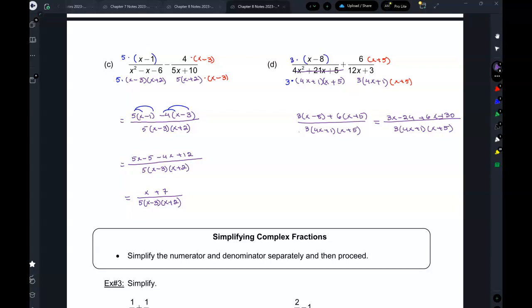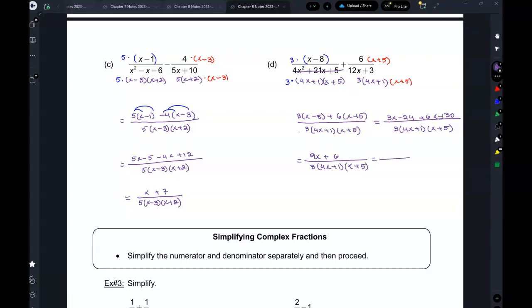Right, so this is 3x plus 6x, that's 9x, plus 6, that was good enough, over 3, 4x plus 1, x plus 5. All right, are we done?